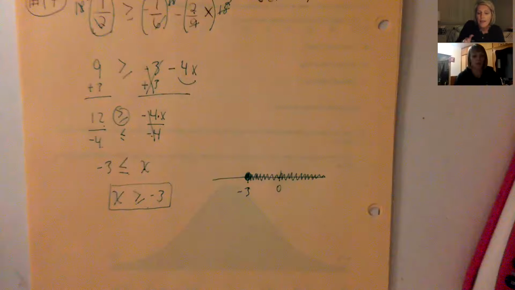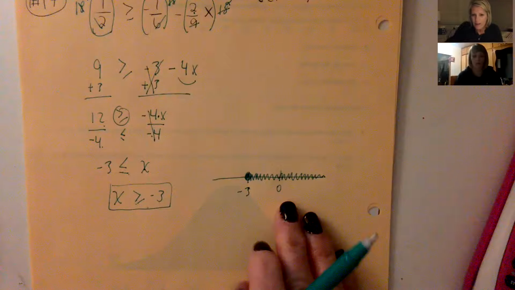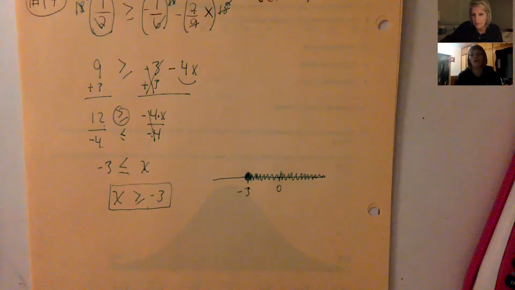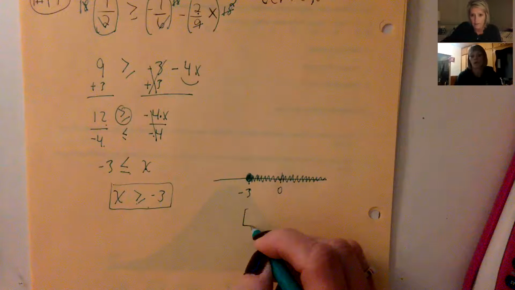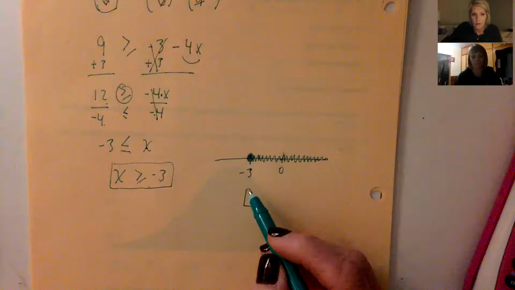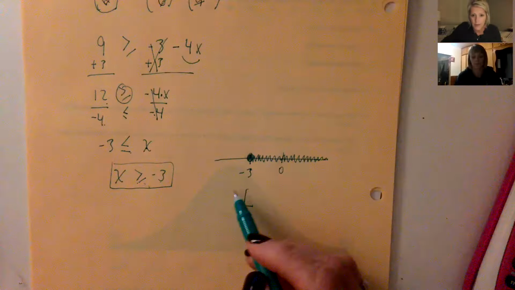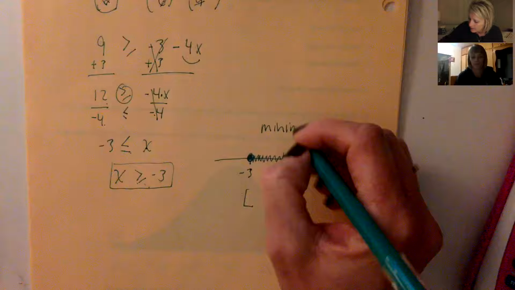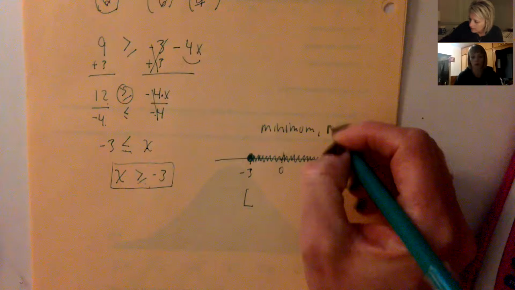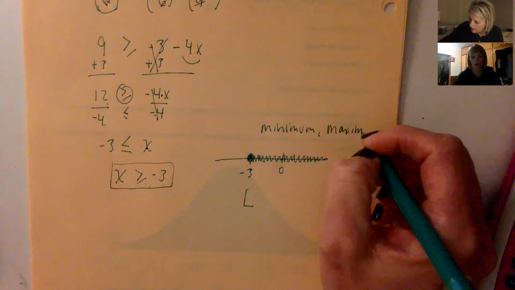Okay. And then once we get the number line, I parallel my interval notation right with it. Because it's colored in, I have a bracket. When I'm including with the equals, I get a bracket, and it's always your minimum on the left, comma, your maximum value on the right.